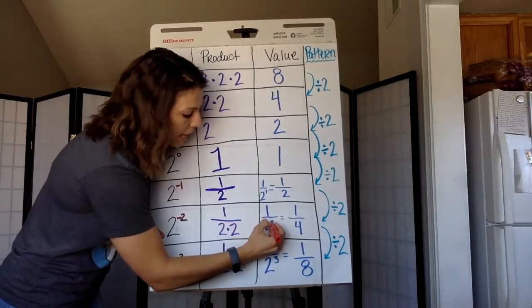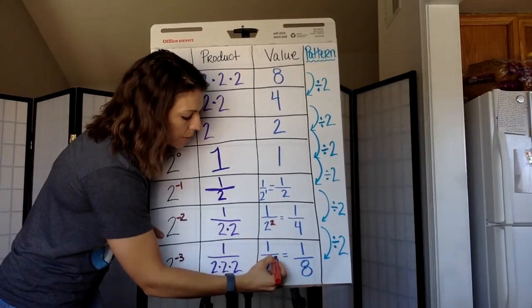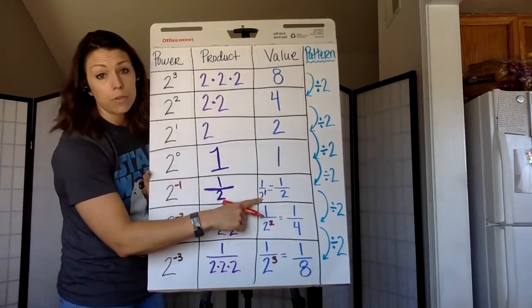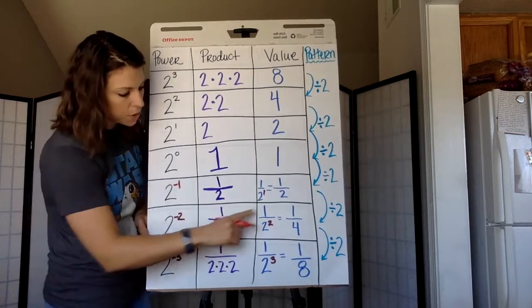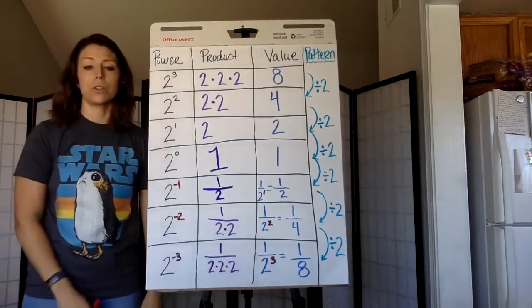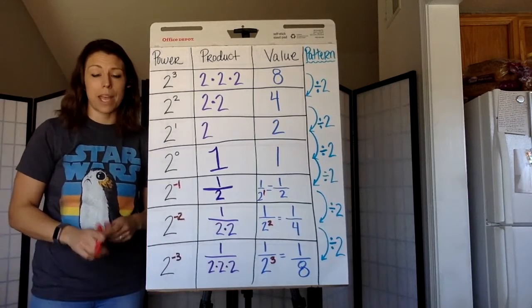So you can see how we now have reciprocals. 2 to the -1 is equivalent to 1 over 2 to the 1. 2 to the -2 is equivalent to 1 over 2 to the 2. 2 to the -3 is equivalent to 1 over 2 to the 3rd. It's just the reciprocal of the base.